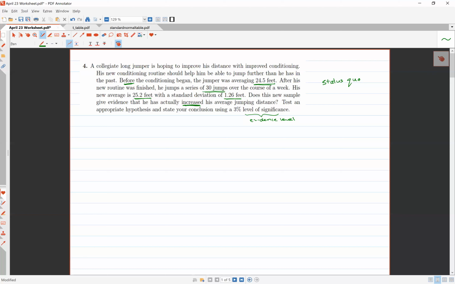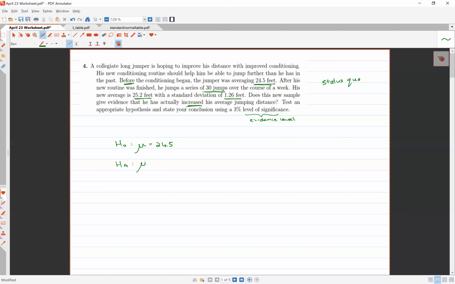So we want to test here your null hypothesis, which is always formulated in terms of the status quo, right? That which had previously been established. In this case, 24.5 feet. And the alternative, this is where this directional word is so important.